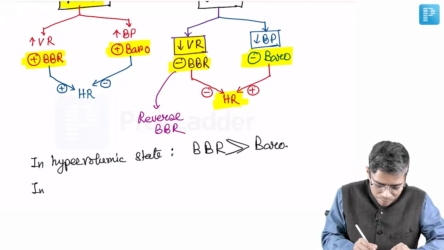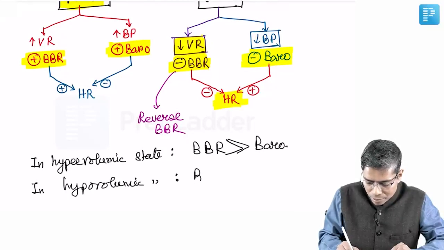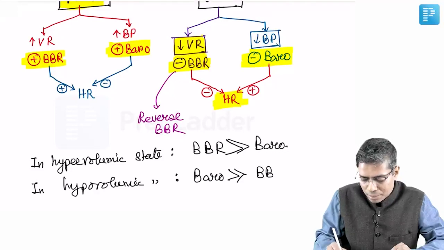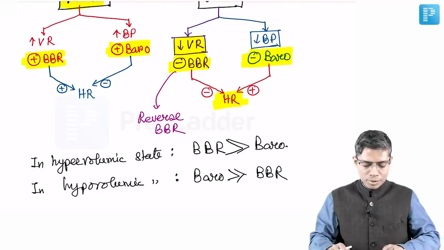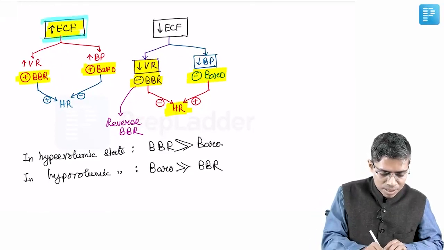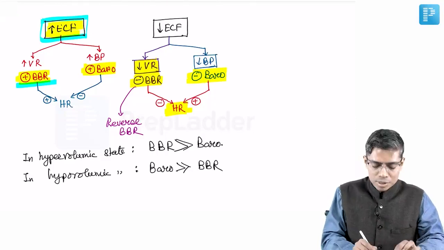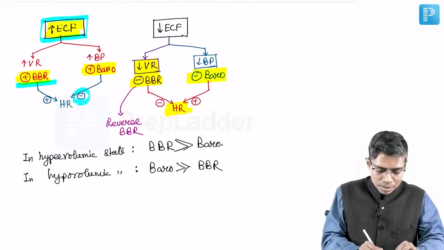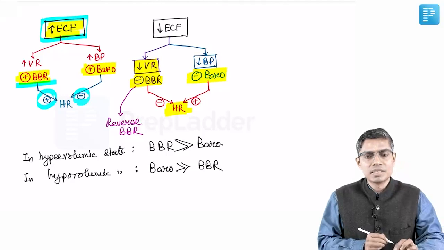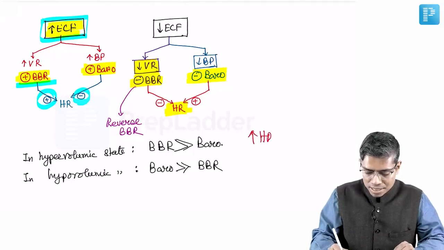And in hypovolemic state, the baroreceptor reflex is more dominant than the Bainbridge reflex. So now you look at the first condition, hypervolemic state: the Bainbridge reflex is more dominant, meaning although the Barrow reflex is trying to inhibit it, the dominant one is the Bainbridge reflex. So what will happen? The net heart rate is going to be increased.